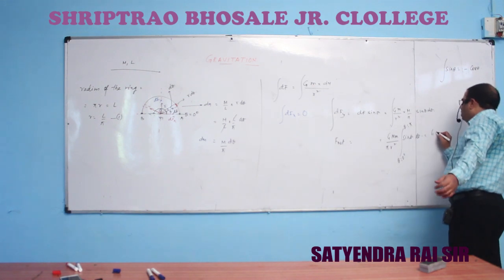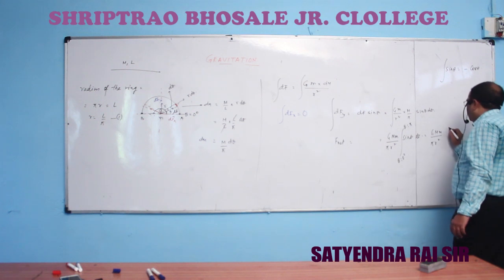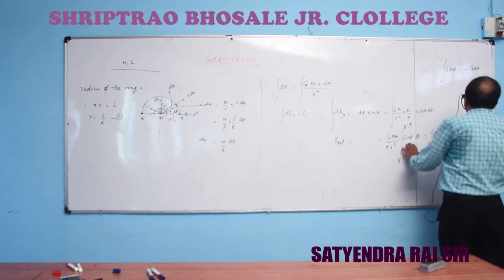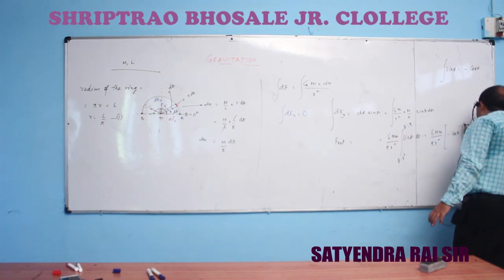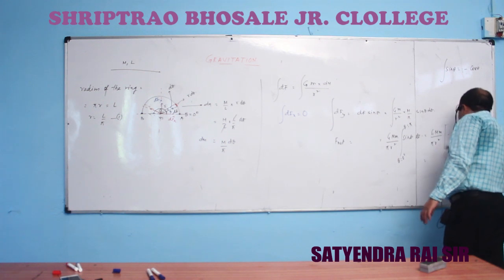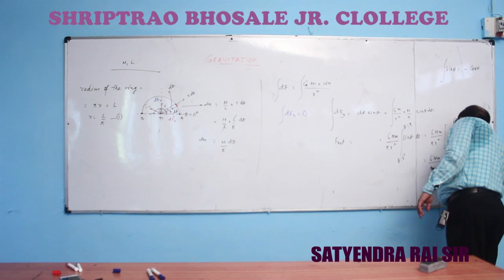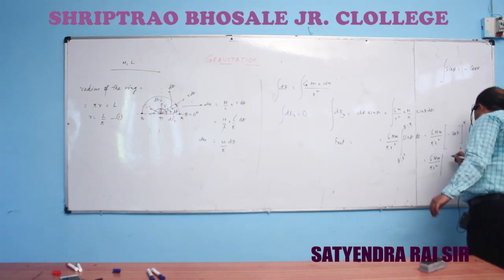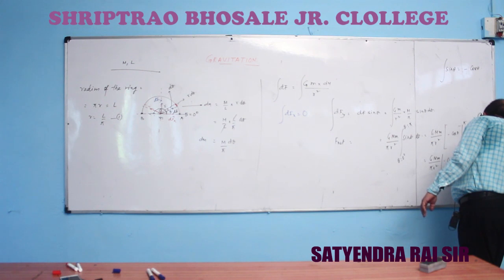It will be GM upon pi r square into minus cos theta, with theta from 0 to pi. Putting the limits, GM by pi r square into minus cos pi plus cos 0 degree.